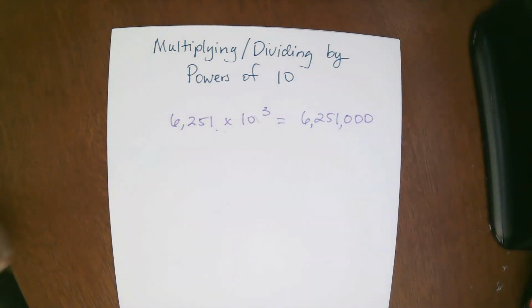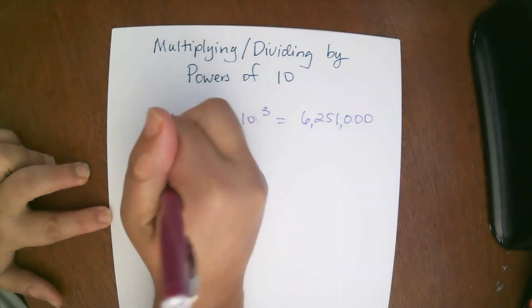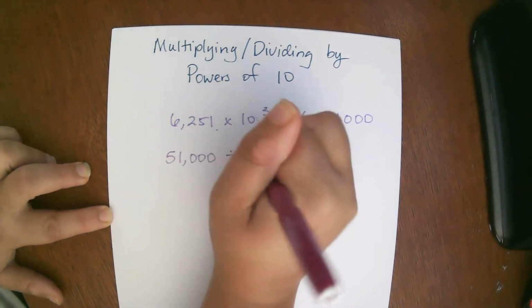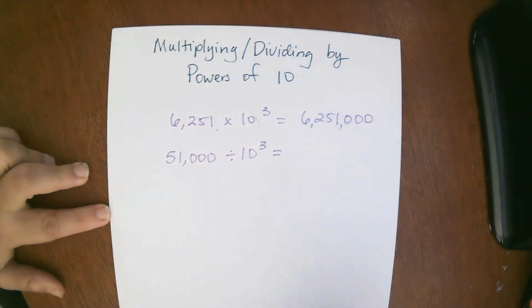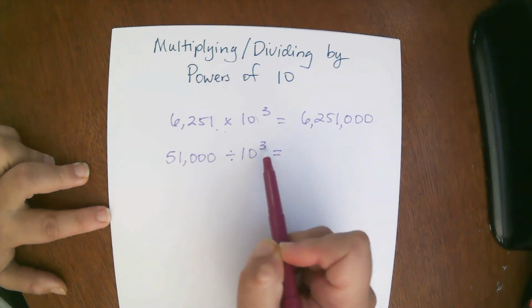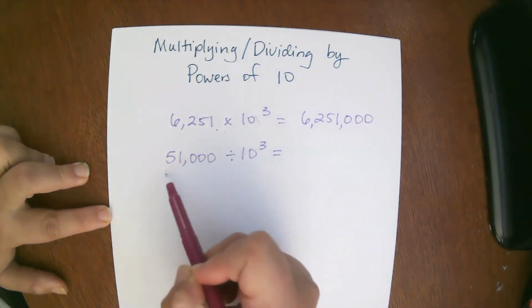So conversely, when we had a division problem, something like this, 51,000 divided by 10 to the third power. Again, our power attached to the 10 would tell us how many zeros we're going to delete from this number.